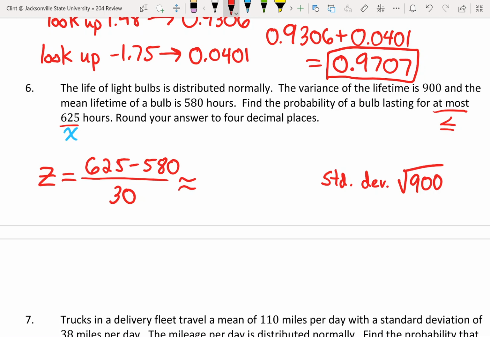Take our z, round it to 2 places. So 625 minus 580 divided by 30 gives me 1.5, so I'm going to call it 1.50. Let me move this standard deviation out of the way. Well, I thought I would. So now we need an area under the curve to get our probability. We want less than or equal to, so which area is that going to be? Left, right, in between, or two tails?